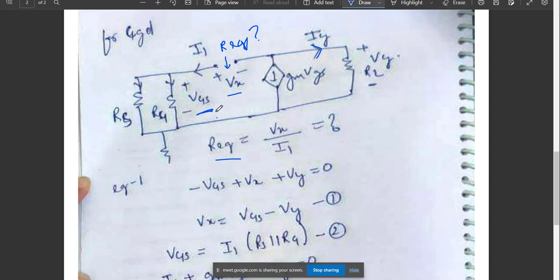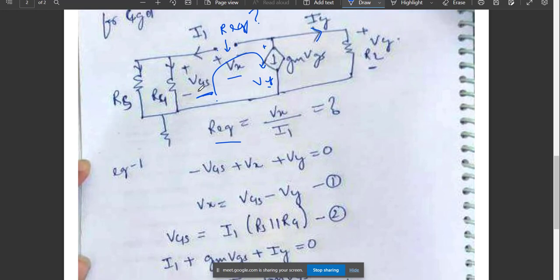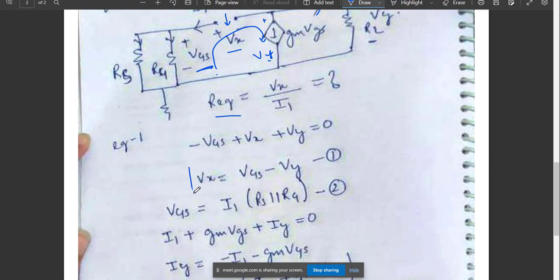Since it's parallel, here it will be plus minus Vy. So the first equation is minus VGS plus Vx plus Vy, right? So Vx became VGS minus Vy.